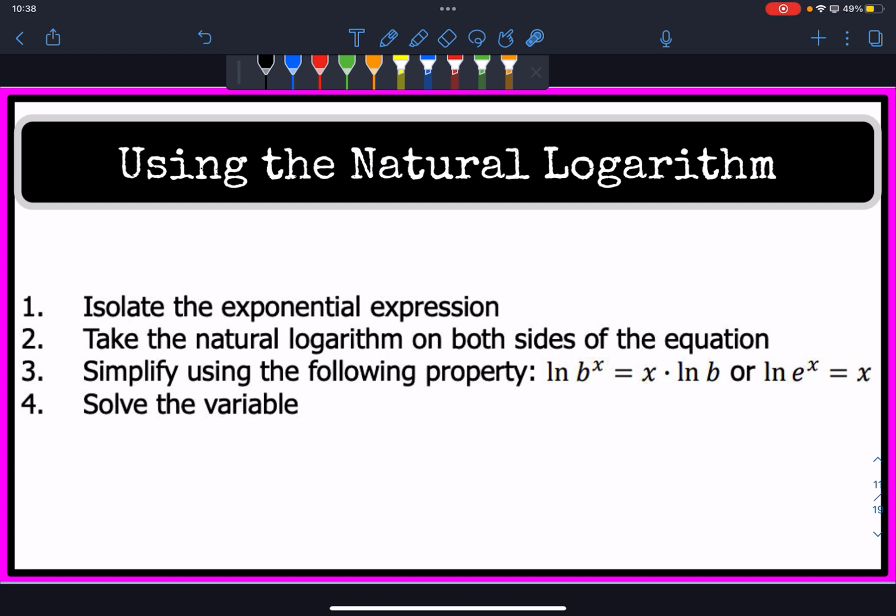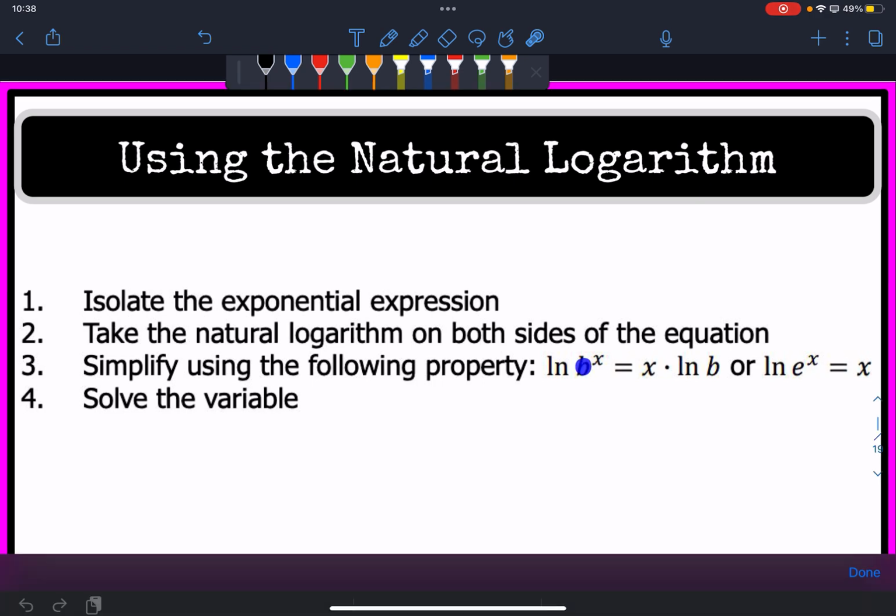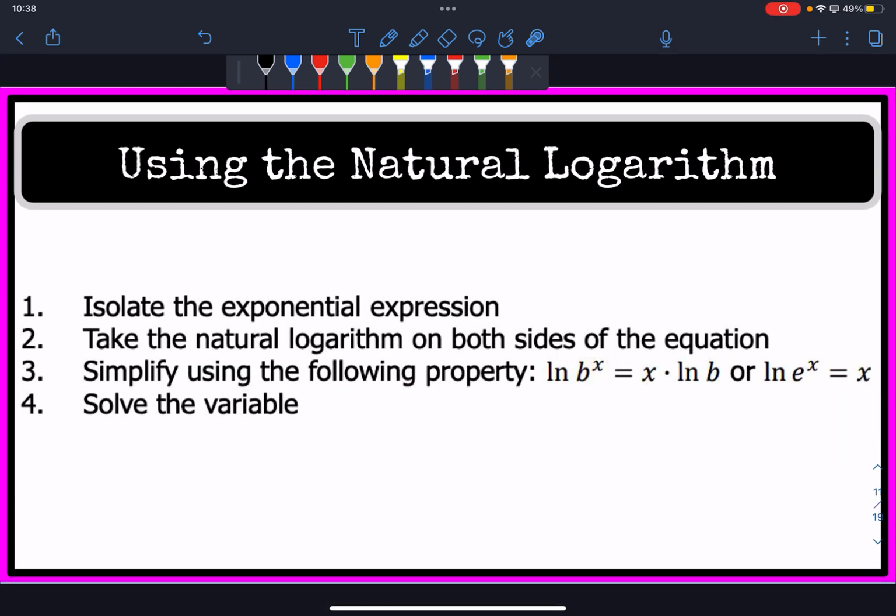What we do then is that we take the natural logarithm of both sides. So we take the ln of b to the x and the ln of whatever the number is on the other side. And by doing that, we're going to use one of the two following properties. If our base is not the natural base, we use the power property of expanding logs, and pull this to the front and write this as x times the natural log of the base.